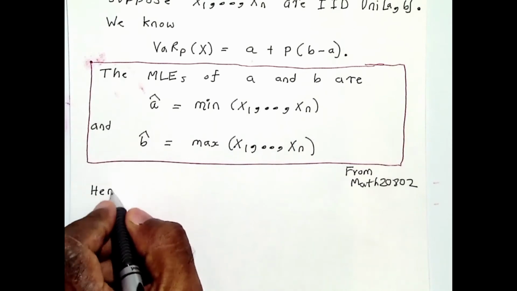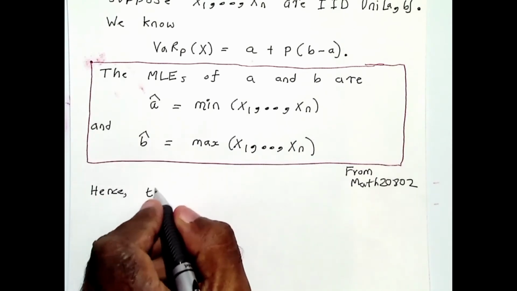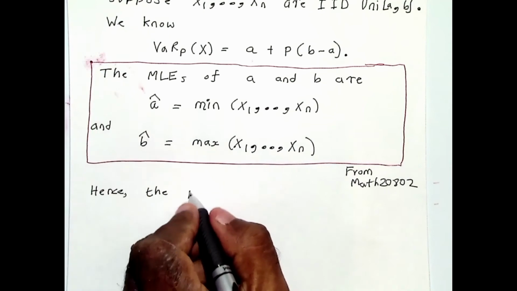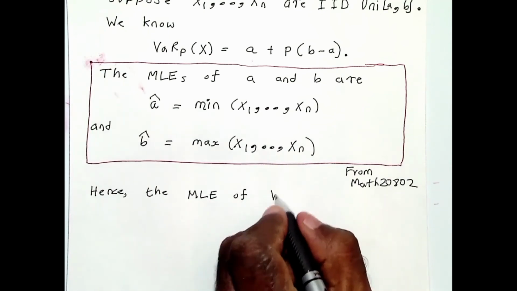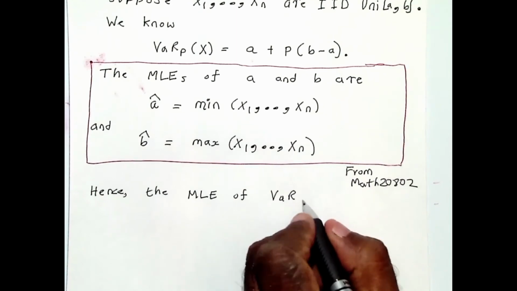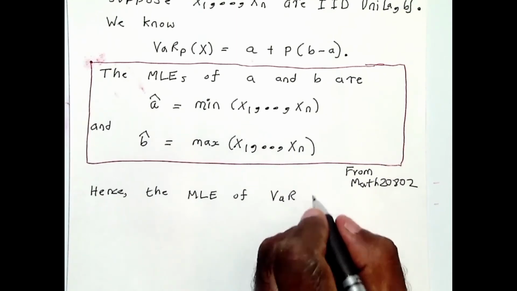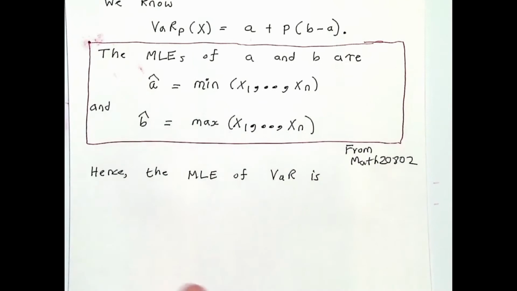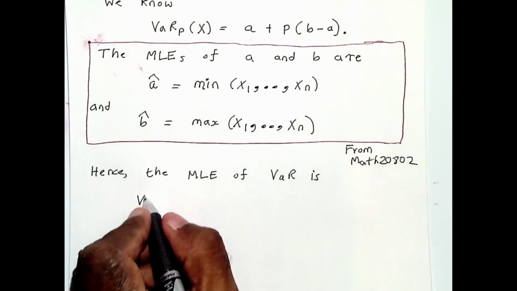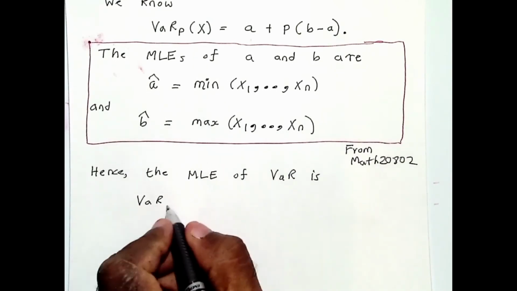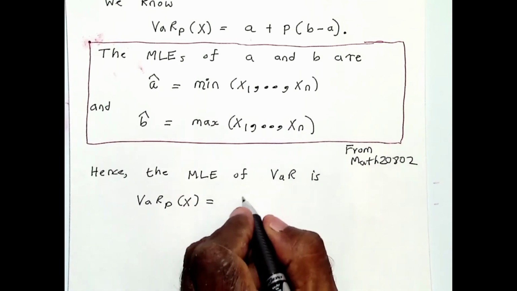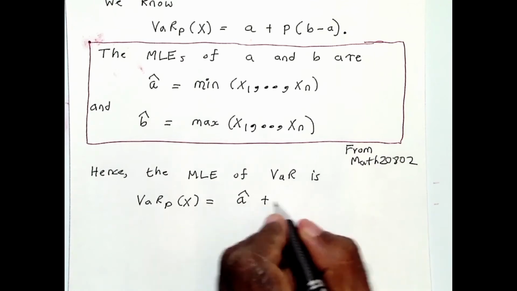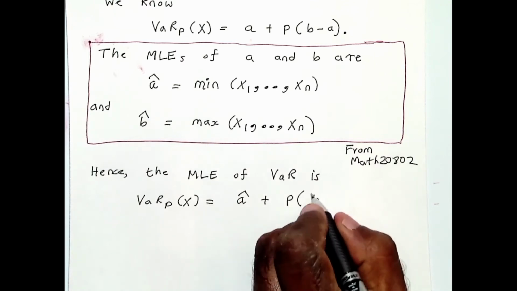All right, hence the MLE for var is given by this. So you just replace A by A hat and B by B hat.